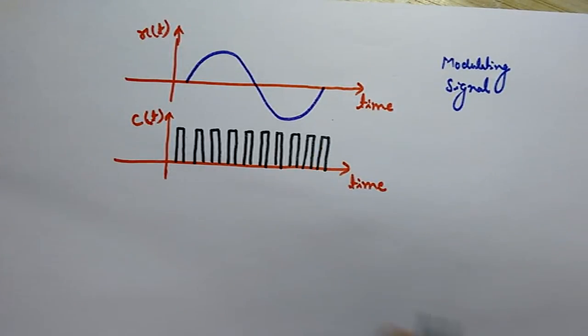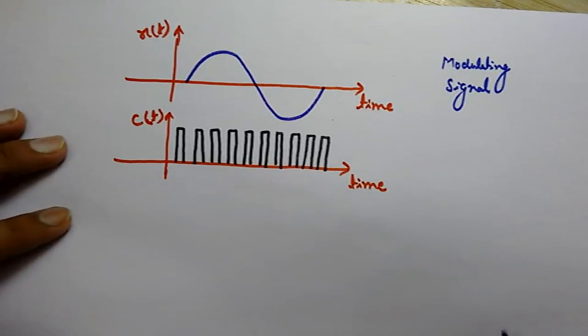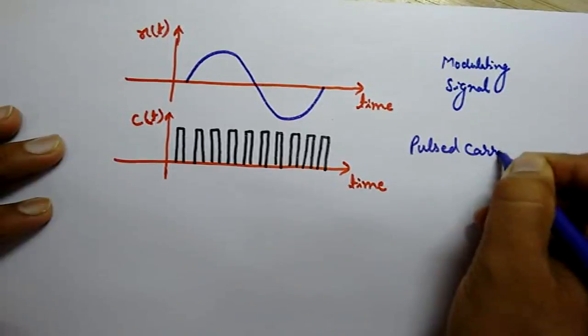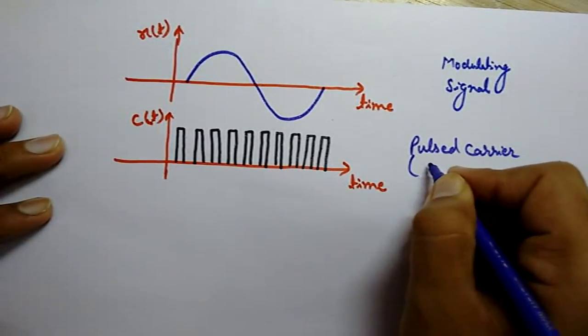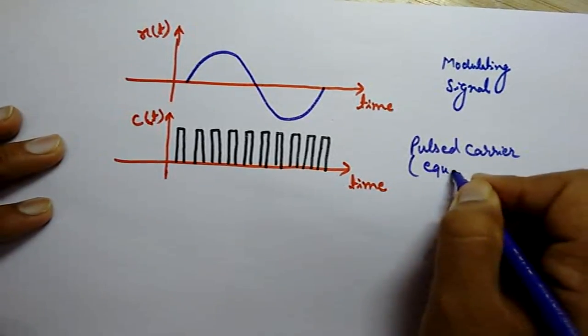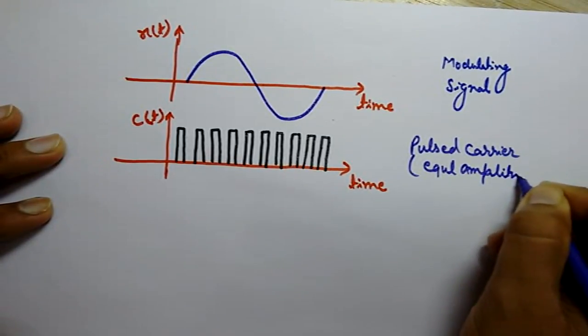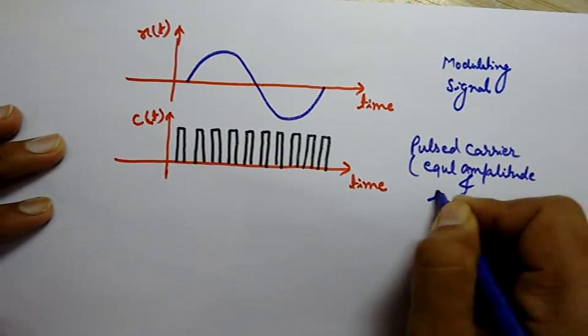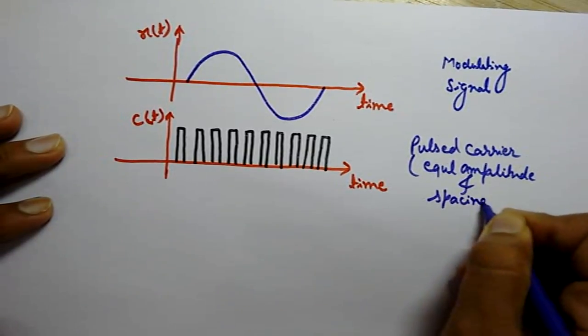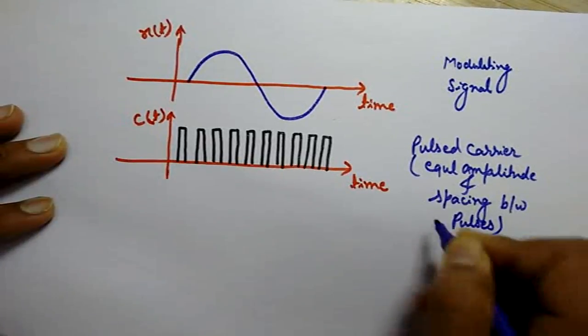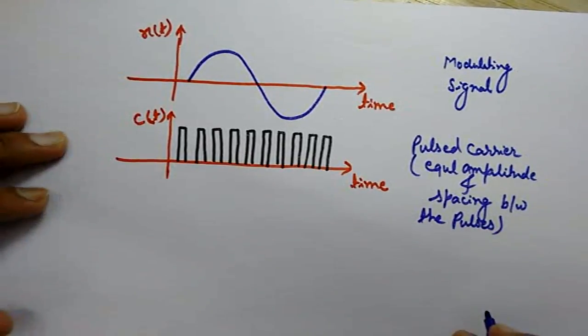Okay, so this is the pulsed carrier. It has equal amplitude and spacing between the pulses.